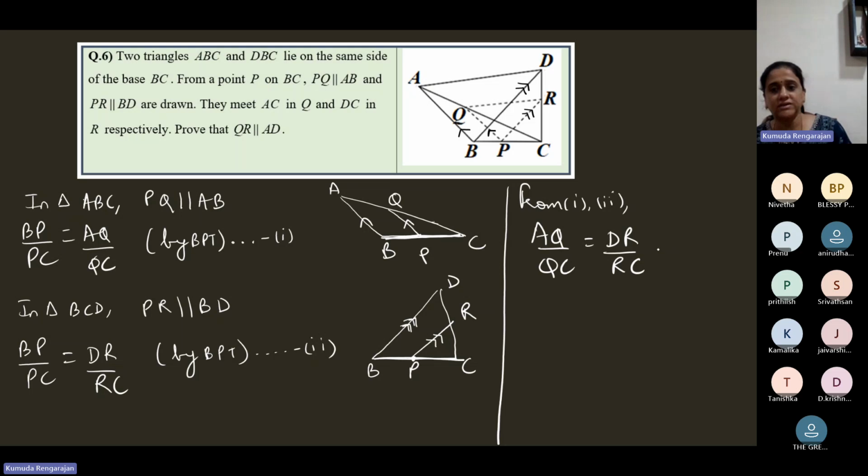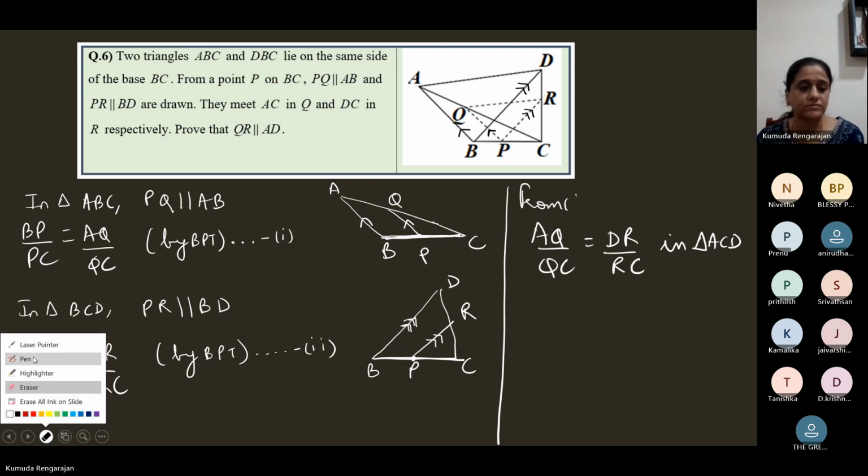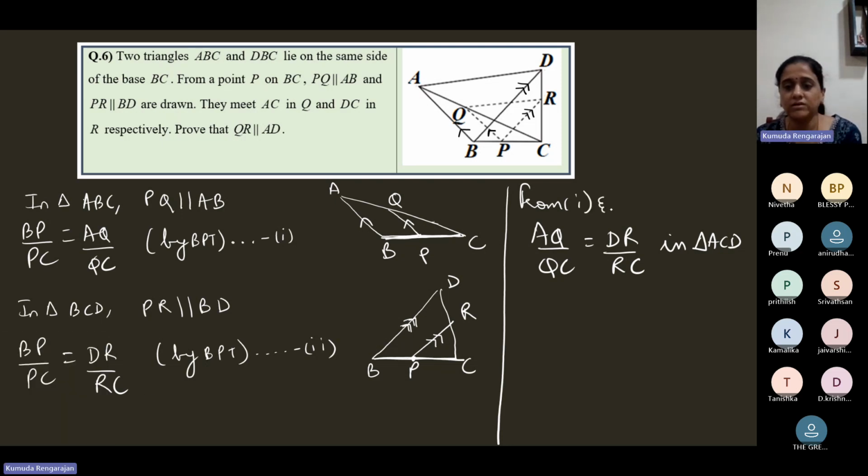In triangle ACD, from 1 and 2, what do we get? See, where is the triangle ACD? Here.